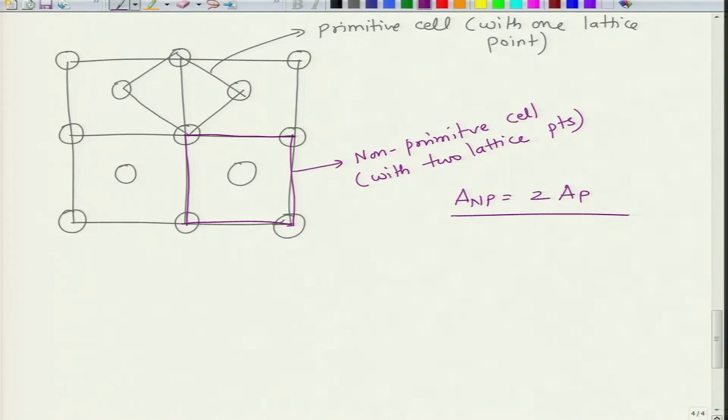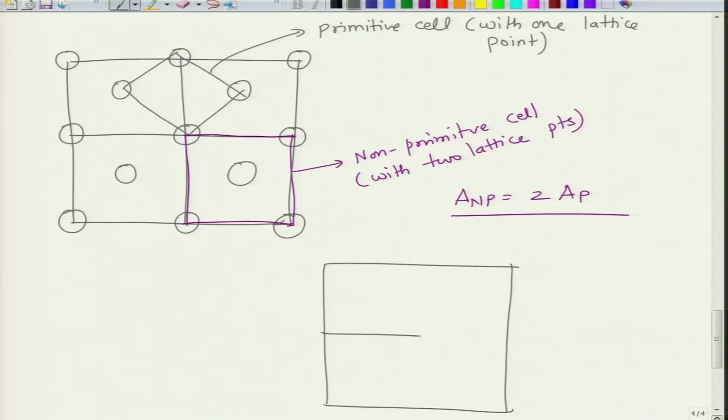Now, suppose in a similar cell, I construct another similar cell and then put another atom here.